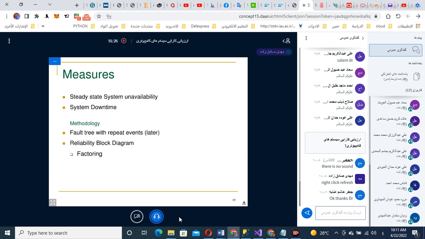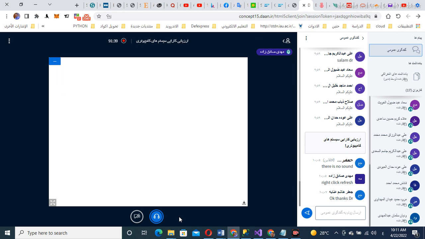So measure that is a steady state system unavailability, system downtime, methodology fault repeat events later, reliability block diagram, and factoring.